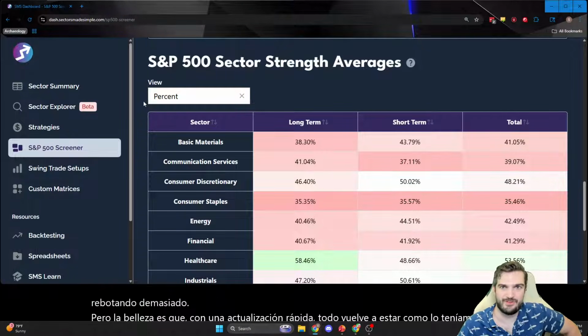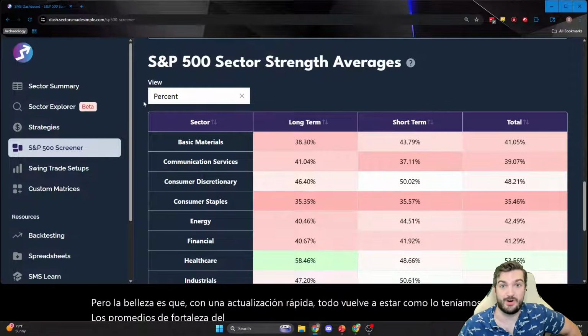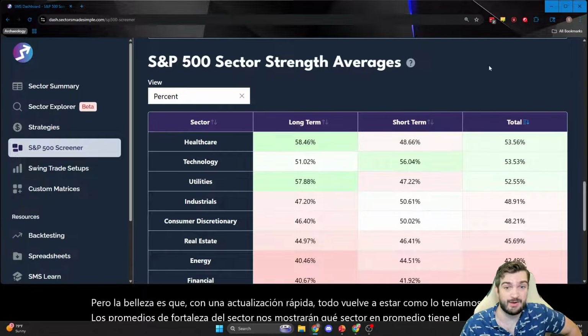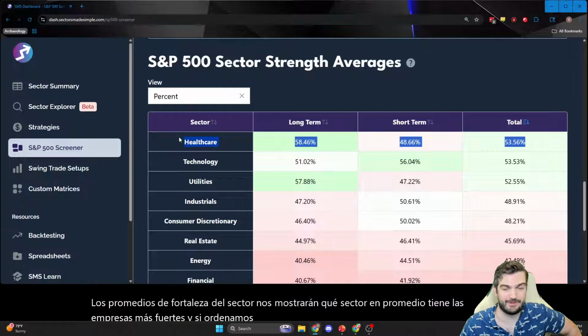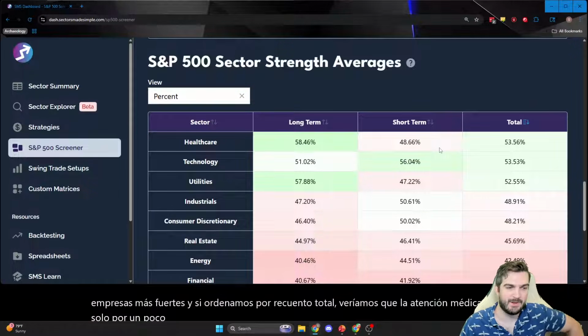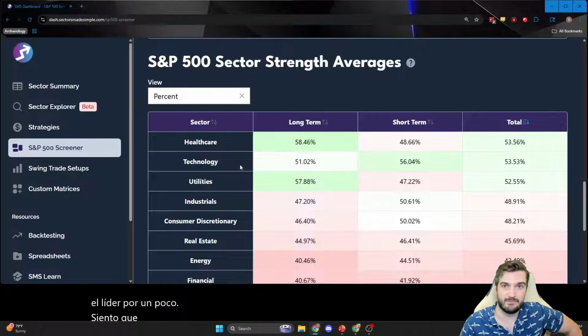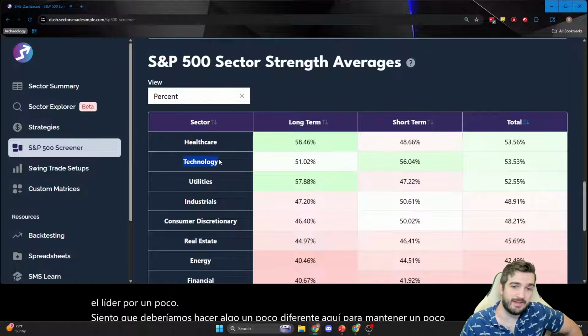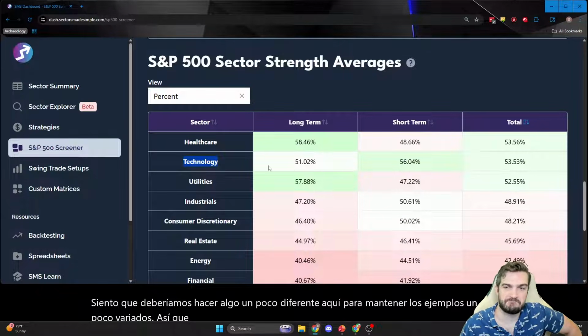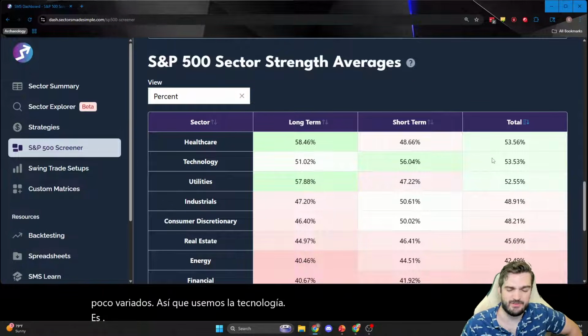Sector strength averages will show us which sector on average has the strongest companies. And if we sorted by total count, we would see healthcare, just by a little bit, is the leader. But I feel like we should do something a little different here to keep the examples a little varied. So let's actually use technology. It's 0.03% lower, between friends.